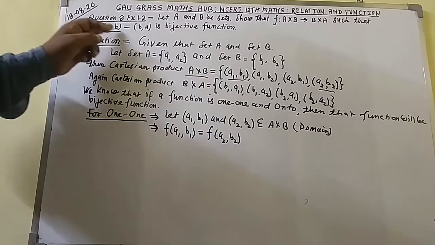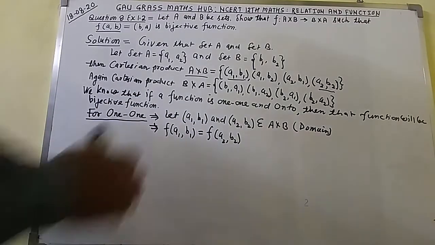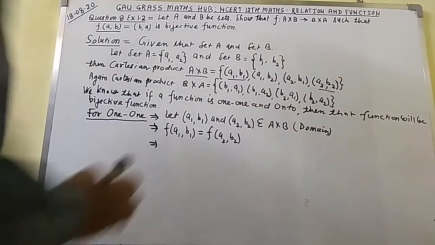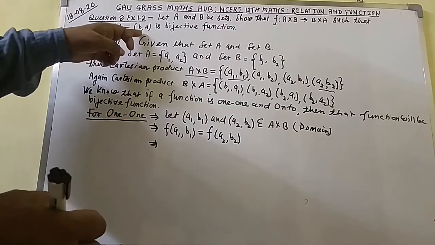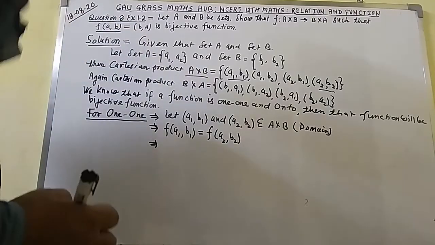In place of f of (a, b), if I write f of (A1, B1), then the range will become (b, a).